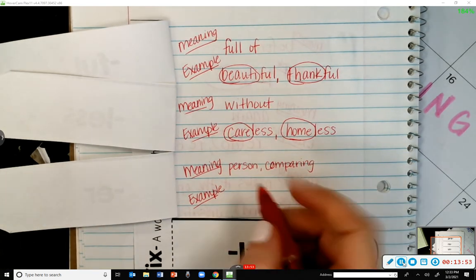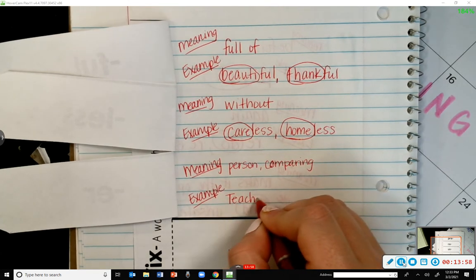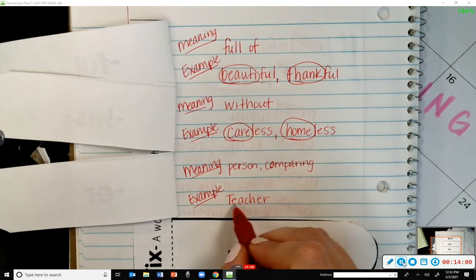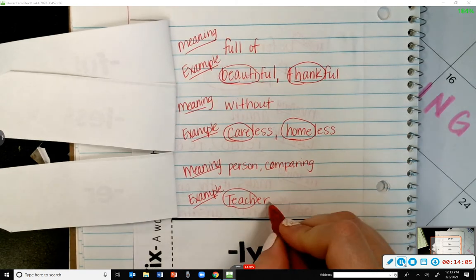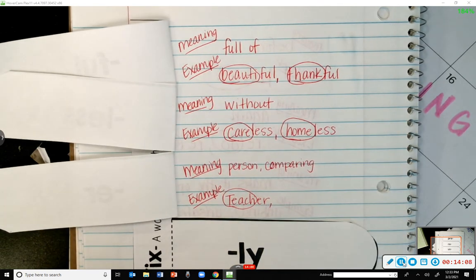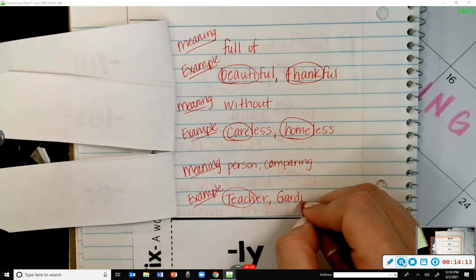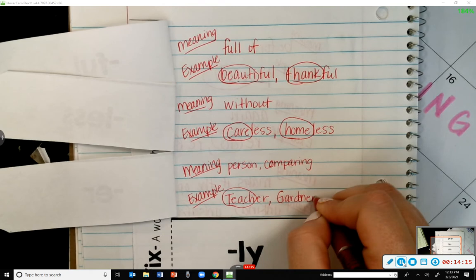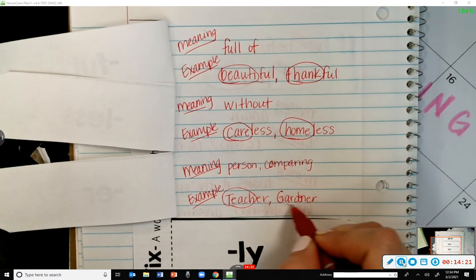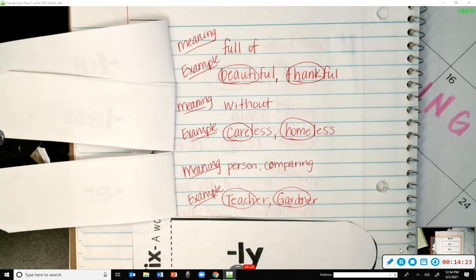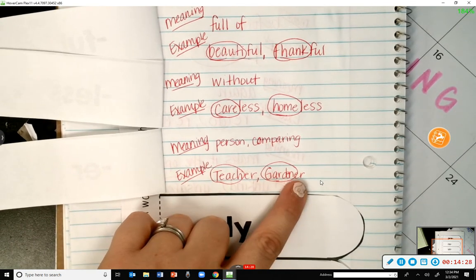Okay? So as a person, I mean like a teacher. It has ER, so that means a person who teaches. A gardener is another example. Whoops, left out an E. So gardener is a person who gardens. Garden is the root word. Then when you add ER to it, it means that is a person who gardens.